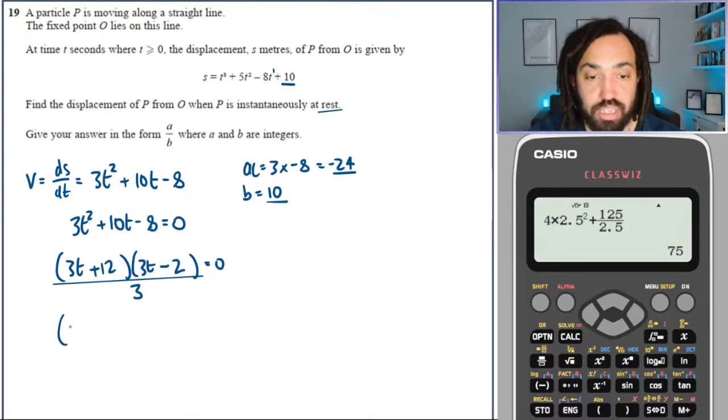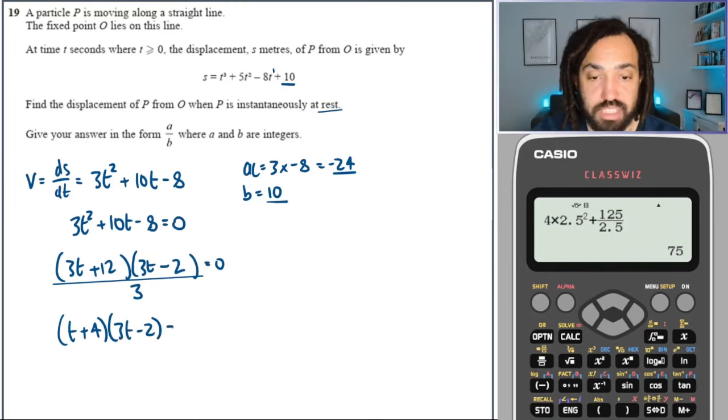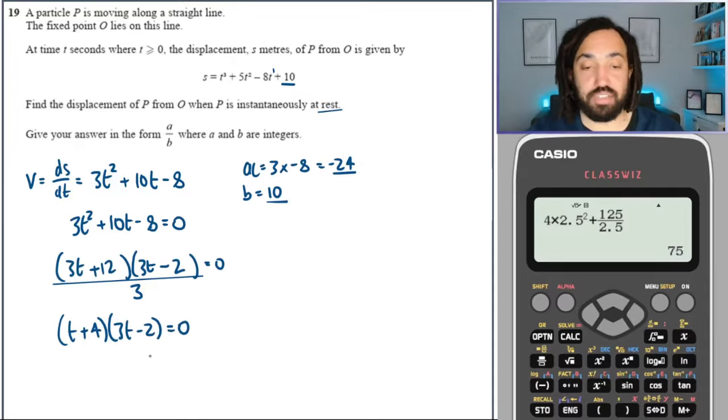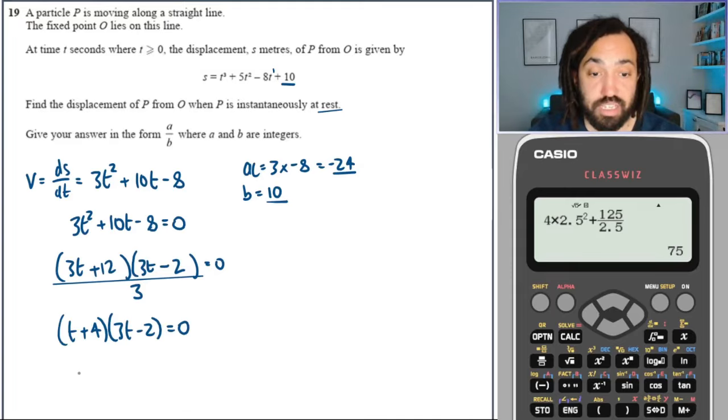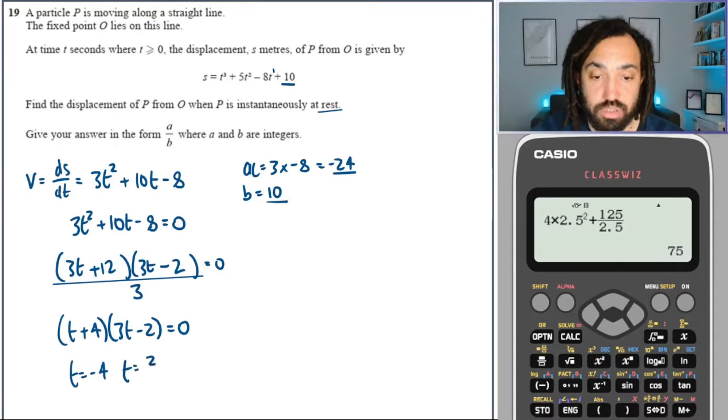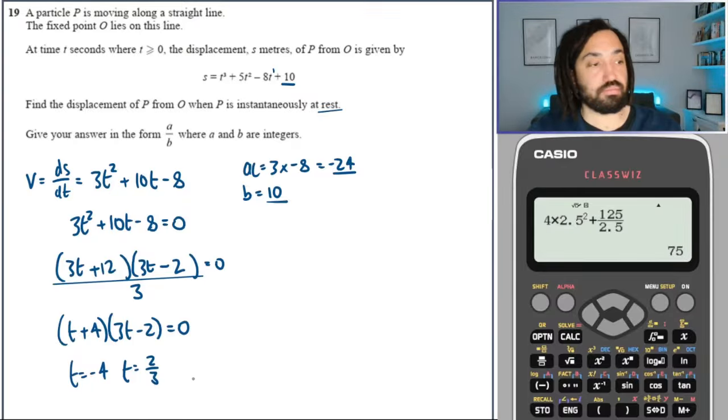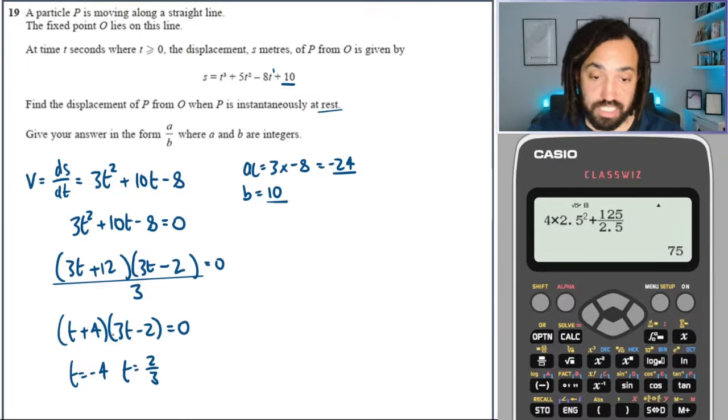Okay, we can divide the left-hand one by 3, and we can keep this one the same, and thus that is enough to cancel out the divide by 3, and this gives me that t equals minus 4, or t is equal to 2 over 3. Just by solving these brackets here, setting them equal to 0, and then just solving them.